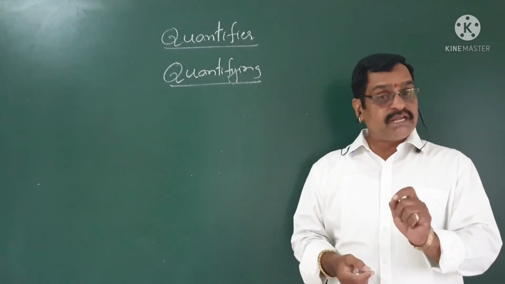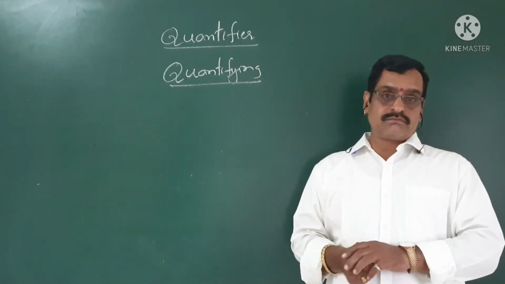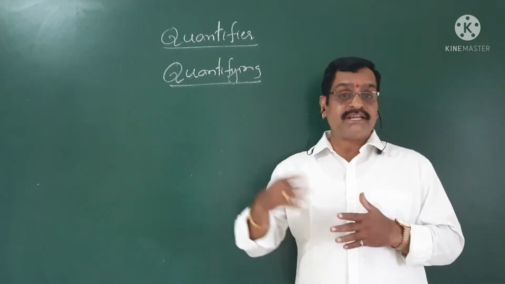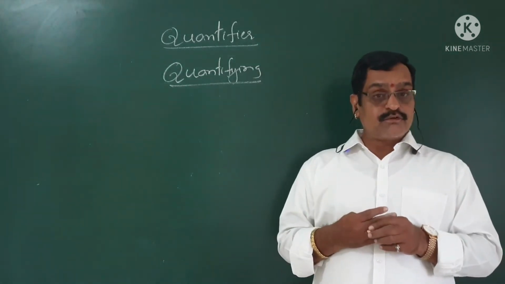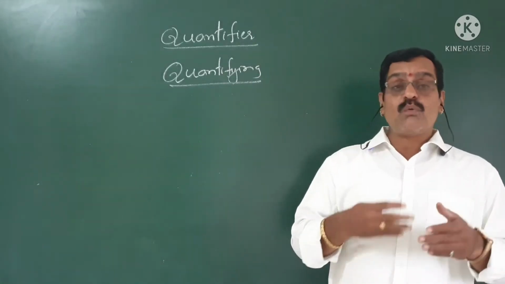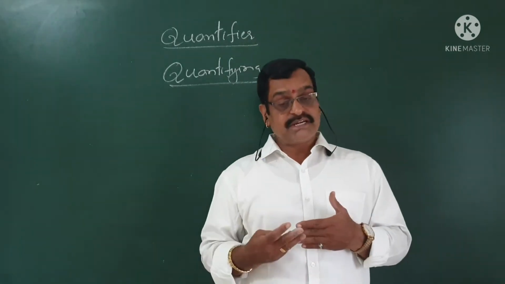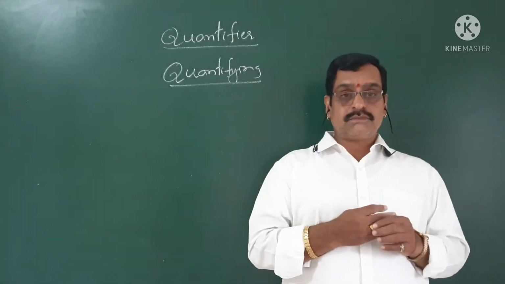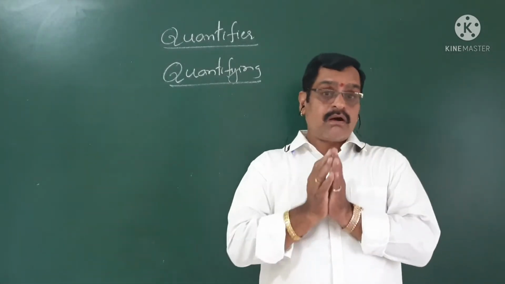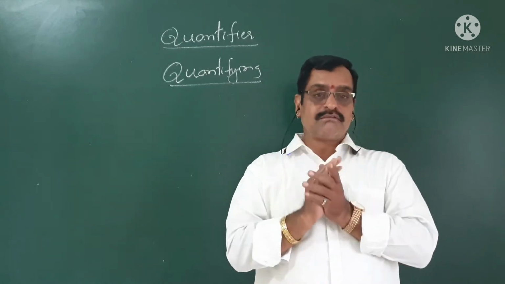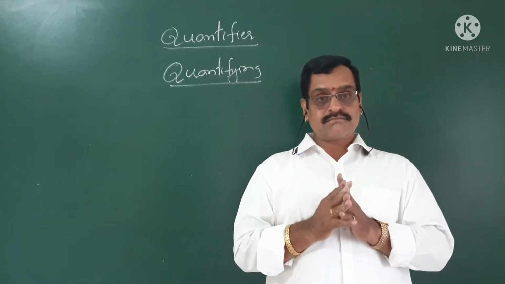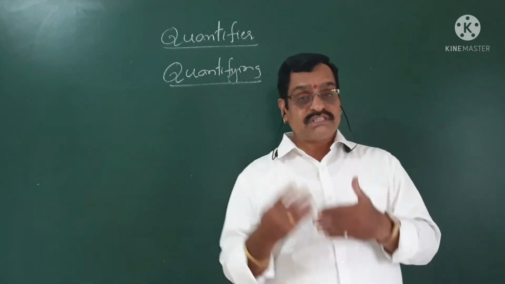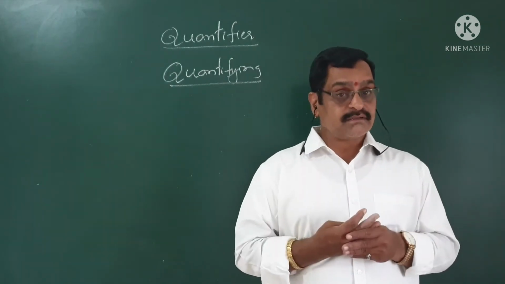For how many values is my statement function true? Of course, you can test for how many values the statement function is false also, but I confirm the truth. So, what is the quantity of the variable for which my statement function is true? This is called quantifying.